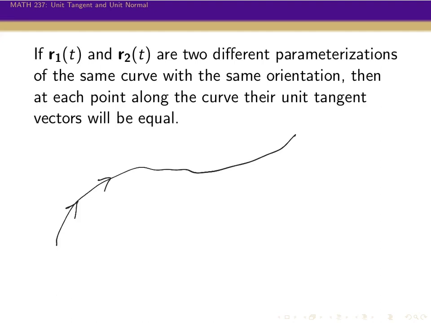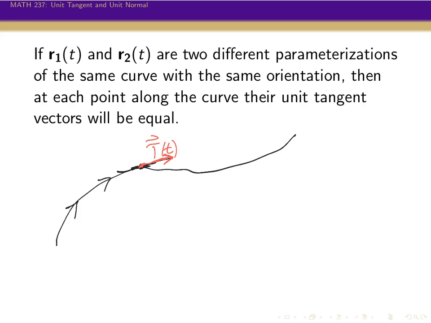So if they're both moving, in this case, from left to right, then at any point, even though their velocity vectors will be different, they'll be lying on the same tangent line. And if they're lying on the same tangent line, when you divide out by the magnitudes to get unit vectors, you're going to get the same unit tangent.